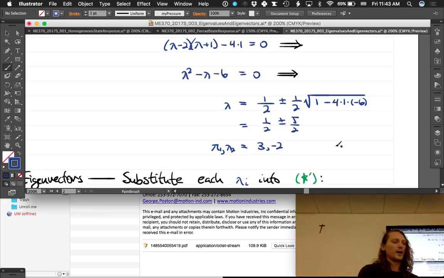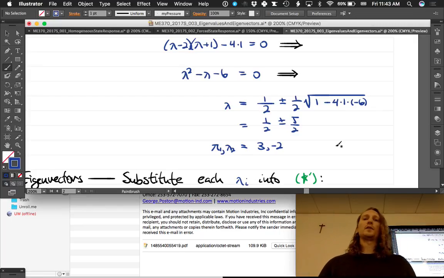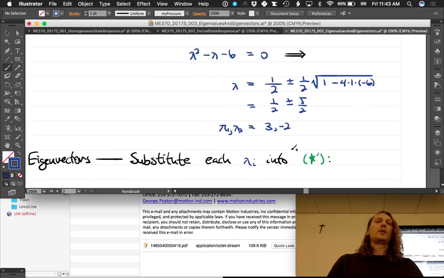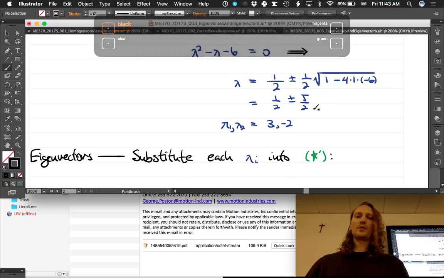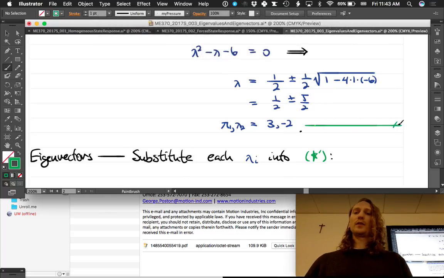So I have defined lambda 1 to be 3 and lambda 2 to be negative 2. Okay, that's just sort of a standard notation for writing multiple solutions. Now we have our eigenvalues. So this is actually one of the things the question asked for. What are the eigenvalues? So we'll mark that as one of our answers.